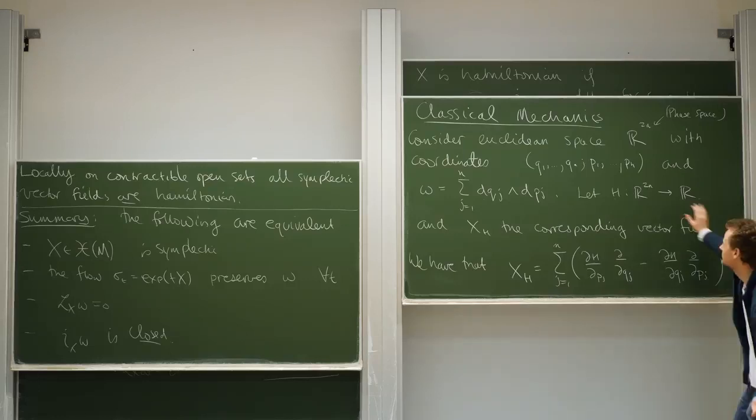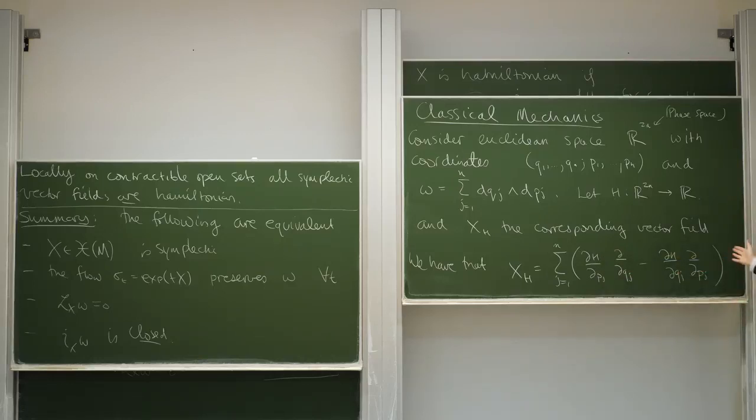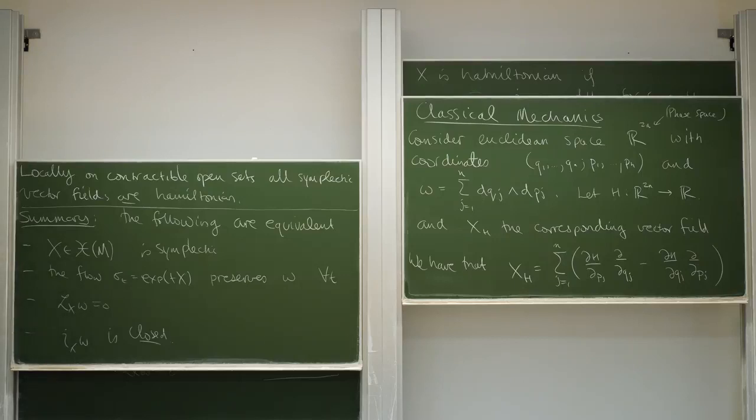So corresponding to this Hamilton function on phase space, there is this vector field here. Should already start to look pretty familiar. You can check it's a vector field. Look, it's expanded in terms of these basis vectors.